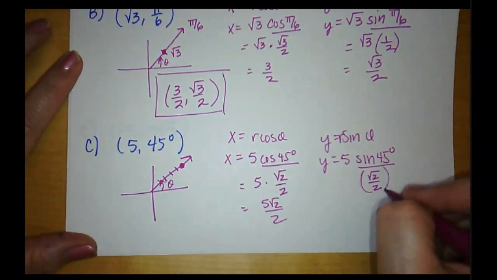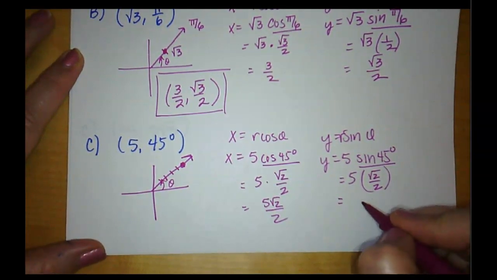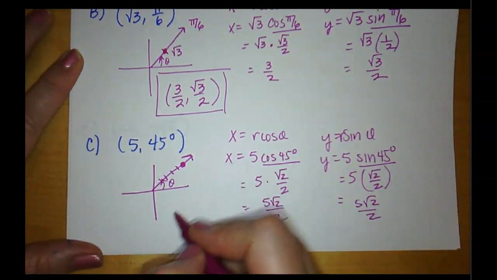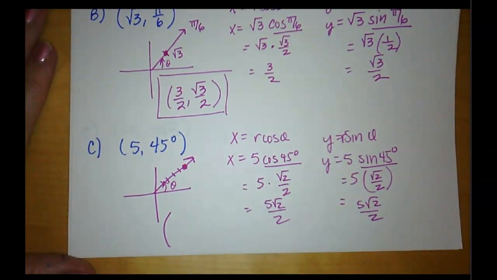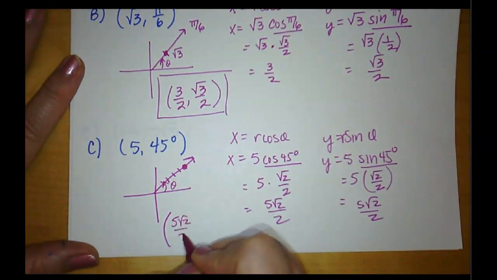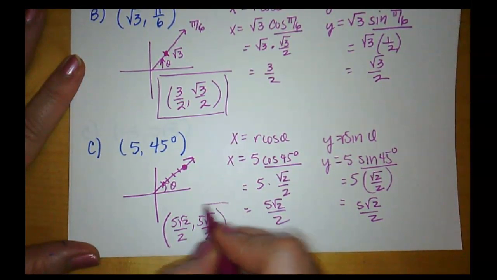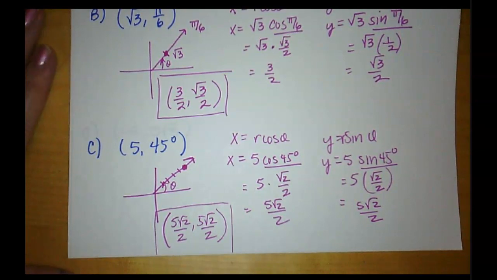And then I'm multiplying that by 5. So that's going to give me a y value of 5 root 2 over 2. And that should make sense to you as you look at your answer, because they should be the same since it's a 45-degree angle. So my answer is 5 root 2 over 2 and 5 root 2 over 2. And so that would be my conversion point for C.